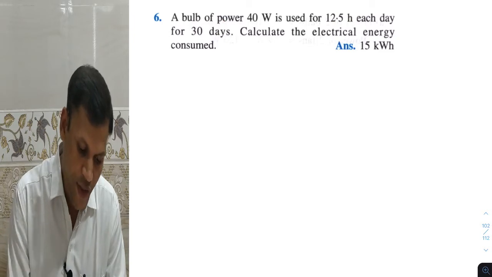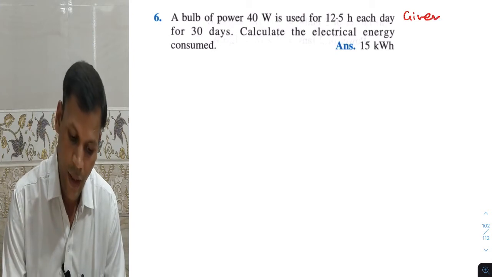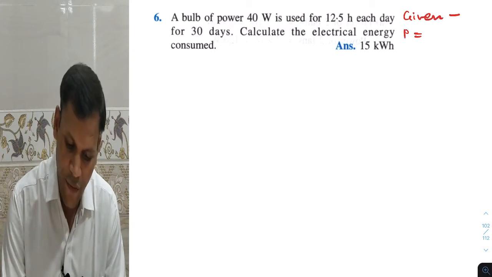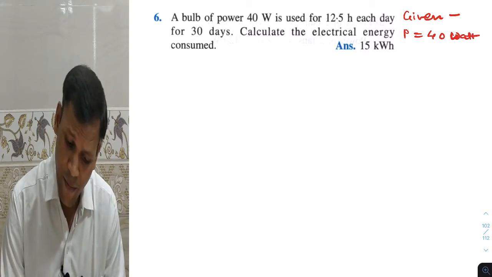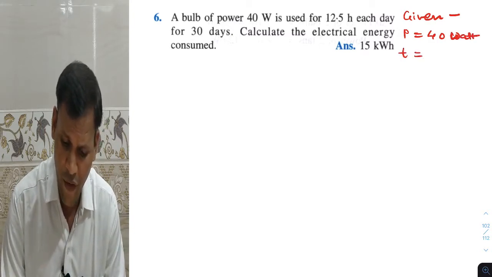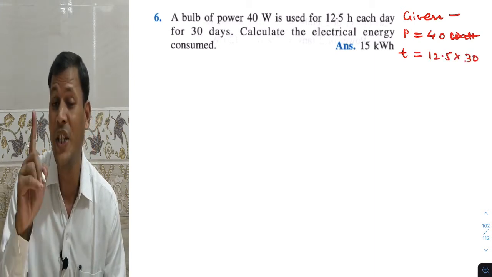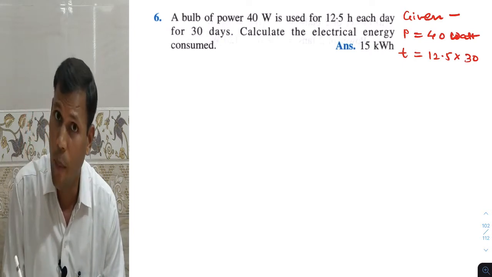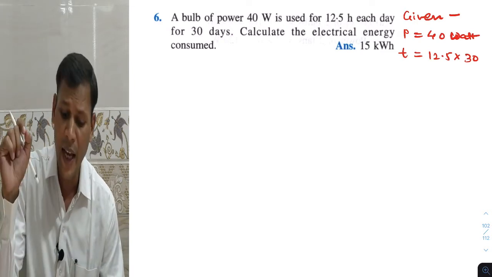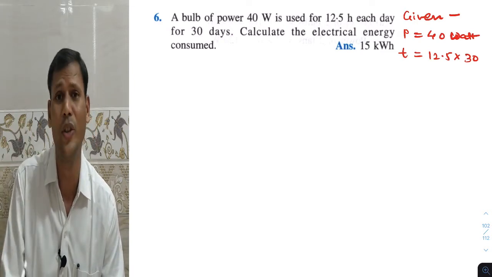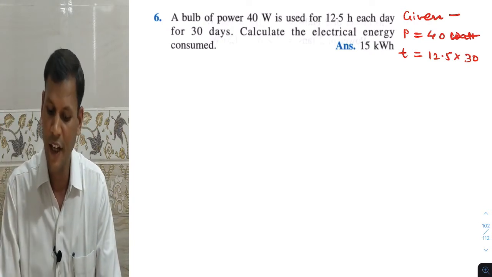So what information is given, just we can write first of all. So given power as 40 watt and time is equals to 12.5 into 30. Okay, number of hours used in each day is 12.5 and total number of days is 30. मतलब एक दिन में 12.5 hours यूज होता है, तो 30 days में कितने hours यूज होंगे, that we can find out from here.